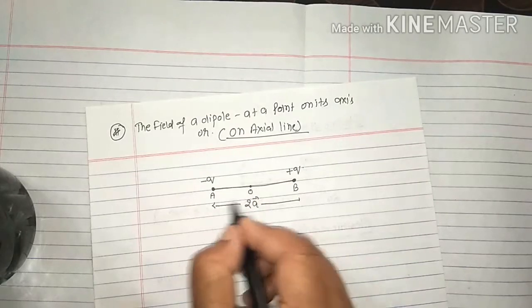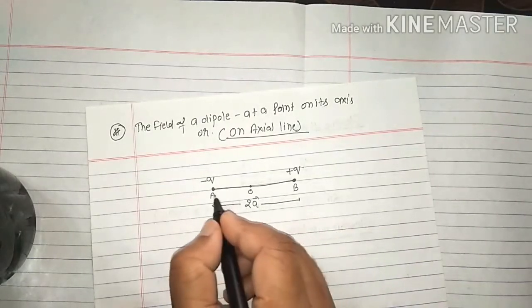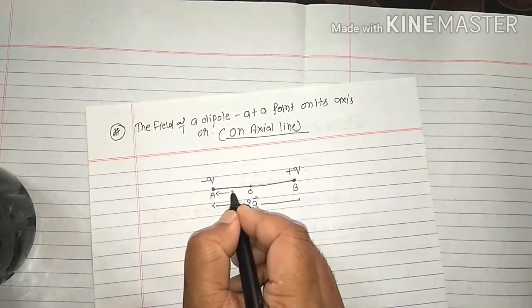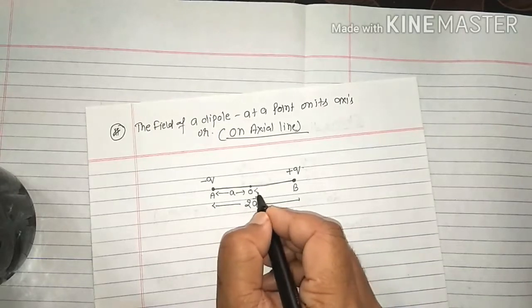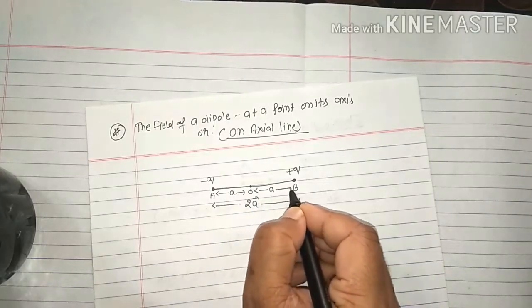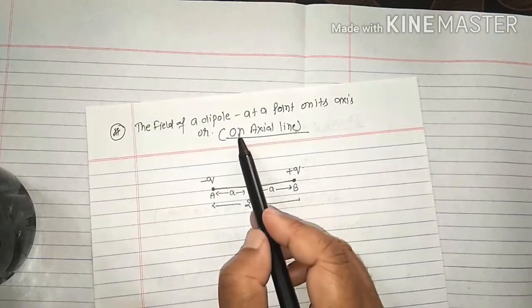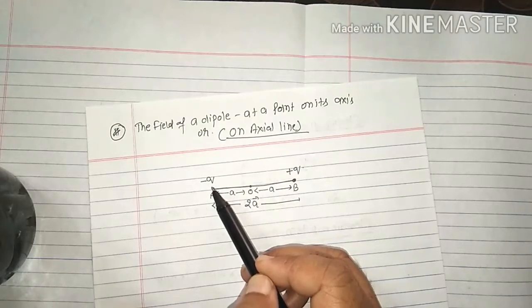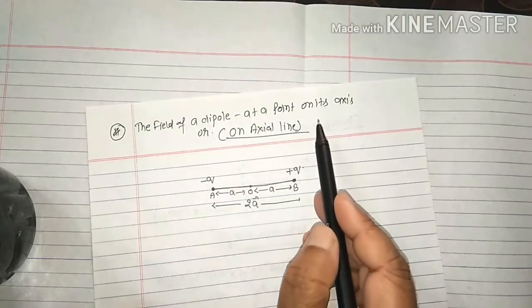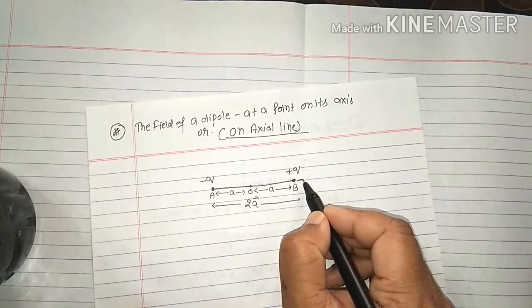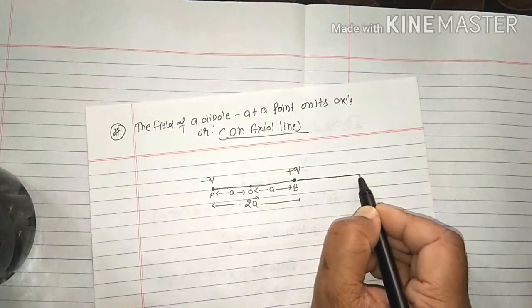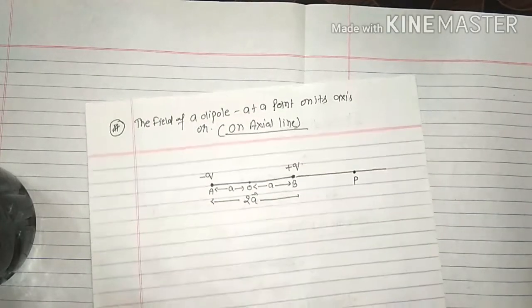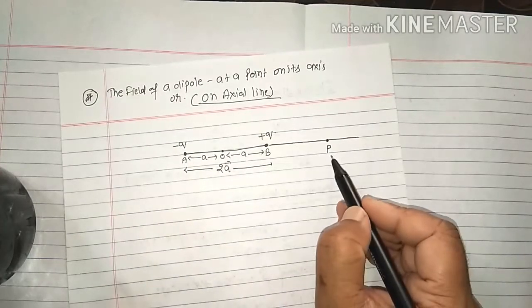So 2a will be divided into two equal parts: A to O will be equal to a, and O to B will also be equal to a. According to this heading, we have to find the electric field intensity due to this arrangement at a point on its axis. So let's consider that the point of observation lies on this axis, and that point is P.